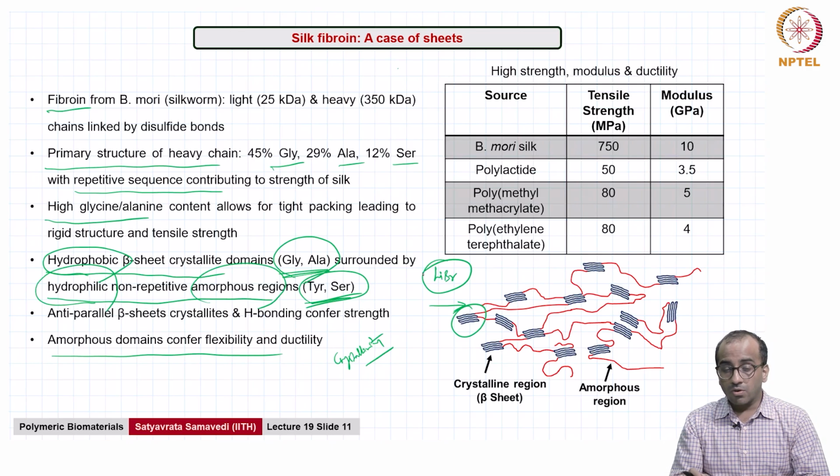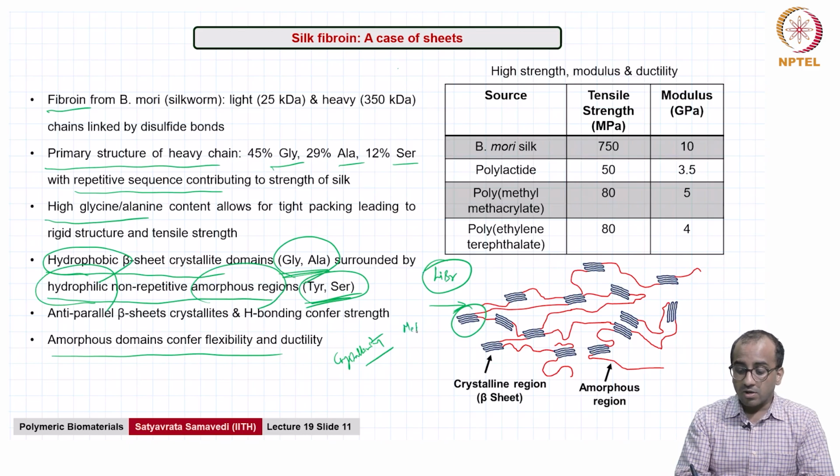So, what you can do now is process that silk, and once you have processed it into the final shape and architecture that you want, you can again treat it with methanol, which will induce beta sheet formation again.